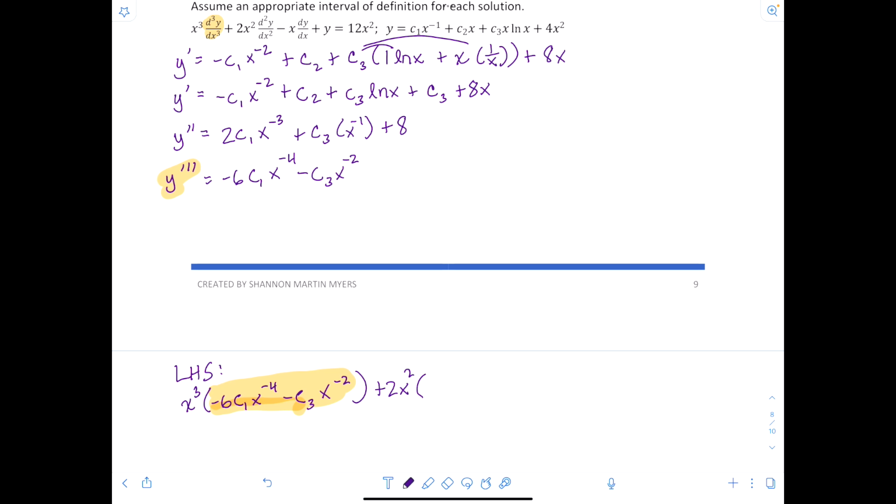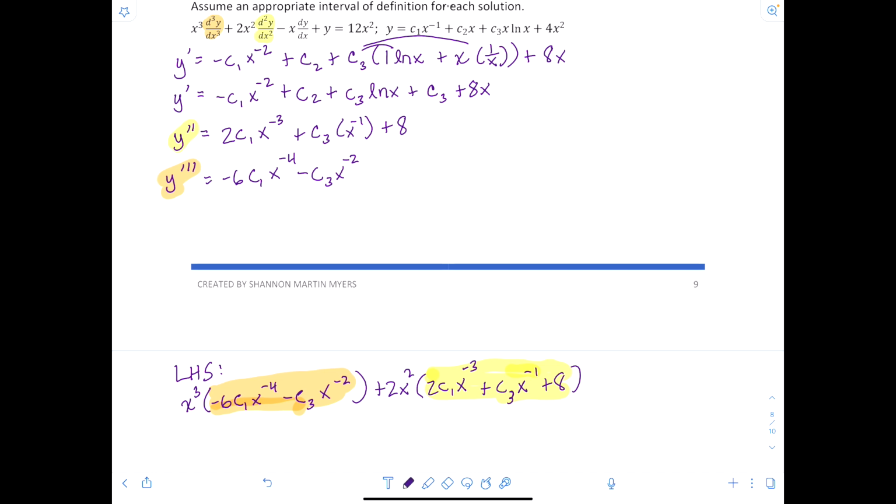Our second derivative is 2c1 x to the negative 3 plus c3 x to the negative 1 plus 8. We found that one here, and we're plugging it into that part.